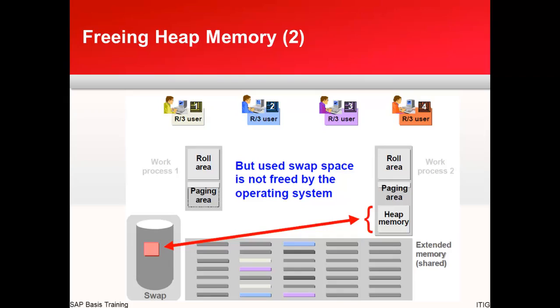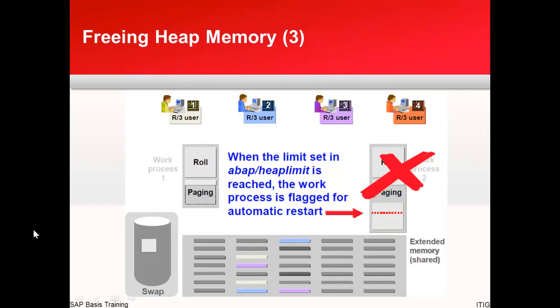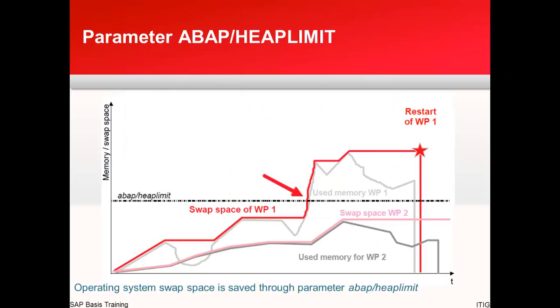Here you can see that this heap memory is released after its use. When the limit set in abap/heap_limit is reached, the work process is flagged for automatic restart. You can see this parameter, abap/heap_limit.